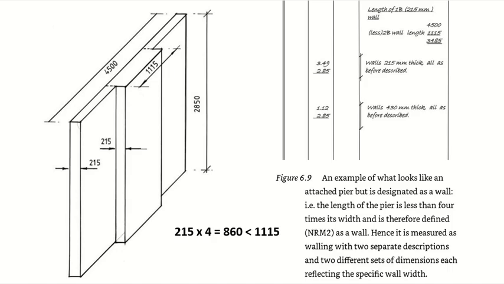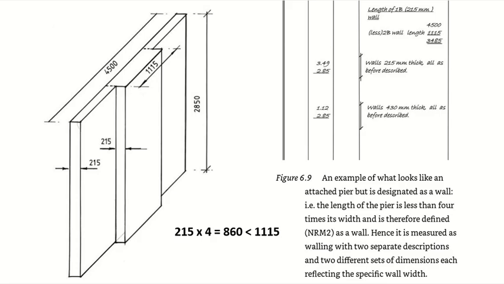Now you take this example. We have the same wall, but now the length of the projection is more. So 215 thickness multiplied by 4 is less than the length. Now you can see the calculation. 3.49 into 2.85.